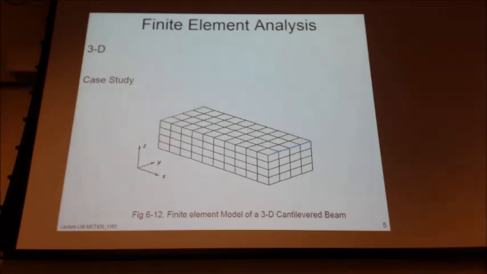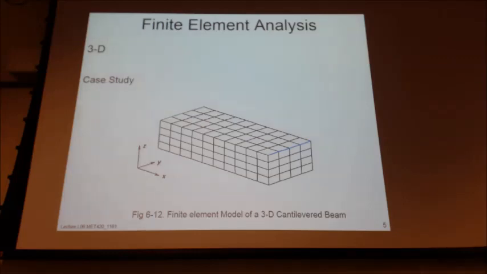But just to see what's going on and what the software is going to do, this beam is 5 inches long, 4 inches wide, 1 inch thick. It's constrained on the end in the YZ plane. The length of the beam runs along the x-axis. The model depicted here is a half model, so it's 2 inches wide instead of 4.